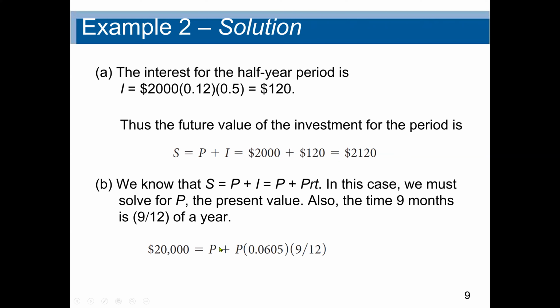We have P and P, so they are like terms. This will be 1P, plus whatever answer we get here. After we multiply 0.0605 times 9 divided by 12, we get 0.045375P. Then we add it to P, which gives us 1.045375P equal to 20,000.